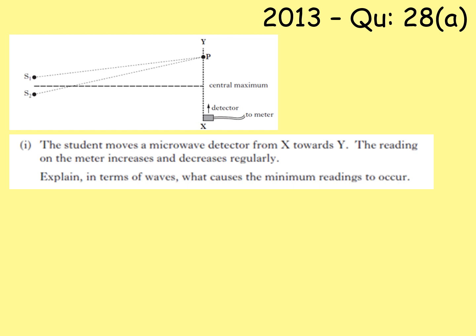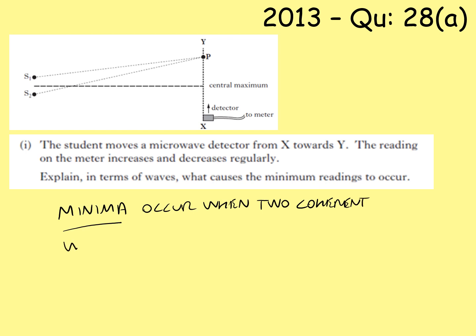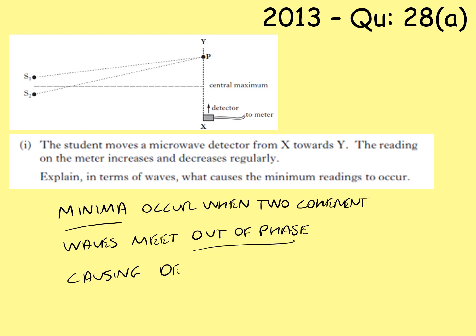Well, we should know from our definitions, minima occur when two coherent waves meet out of phase, causing destructive interference.